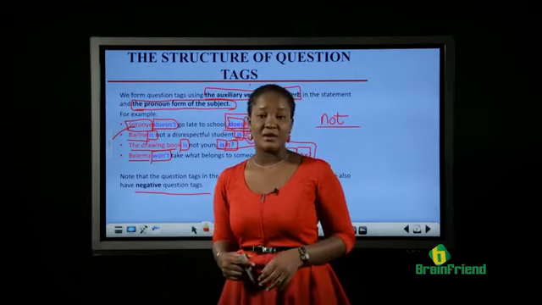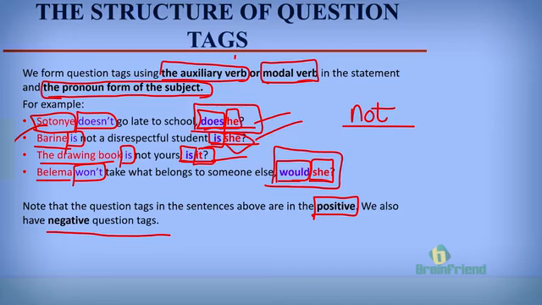We will see that later on. But these ones here are positive. We didn't say doesn't he, we said does he. We didn't say isn't she, we said is she. Here we didn't say isn't it, we said is it. We didn't also say wouldn't she here, we said would she. So they are in the positive. Later on we'll look at negative question tags.